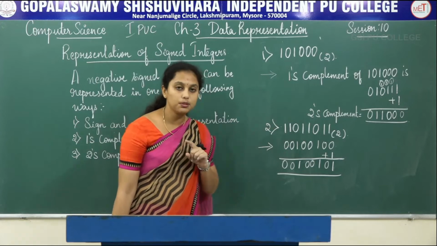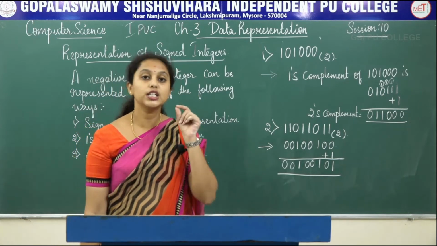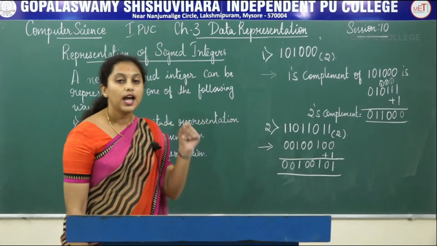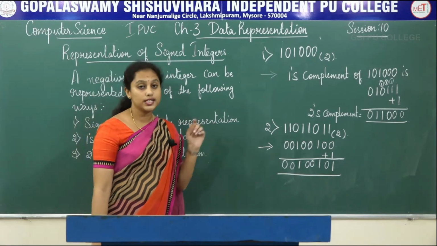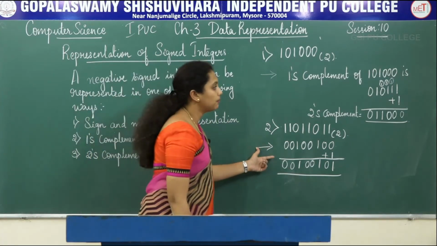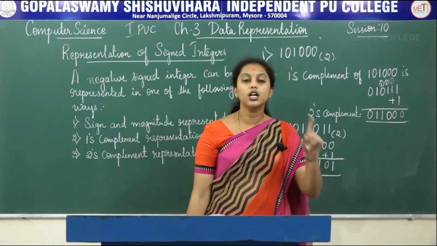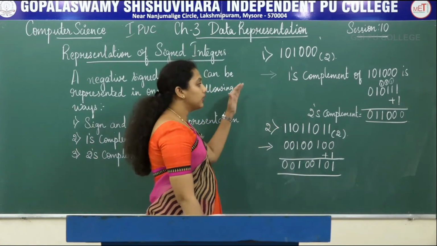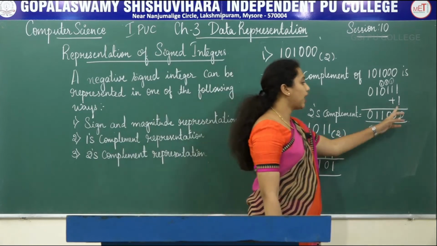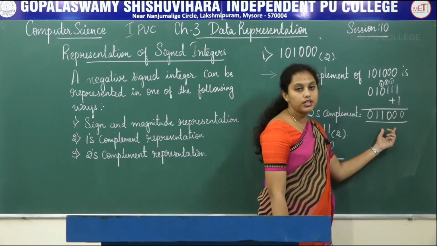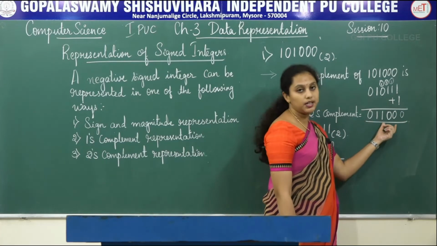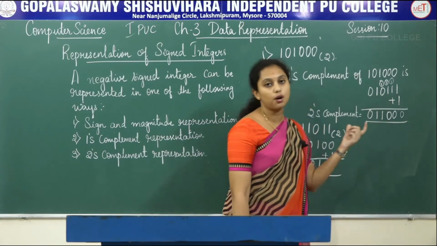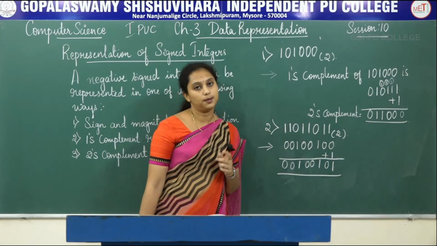In 1's complement we have to change each 0 to 1 and each 1 to 0. In 2's complement, first we have to find the 1's complement of a binary number, and to that value we have to add 1. So whatever value we get, that is our 2's complement binary number.